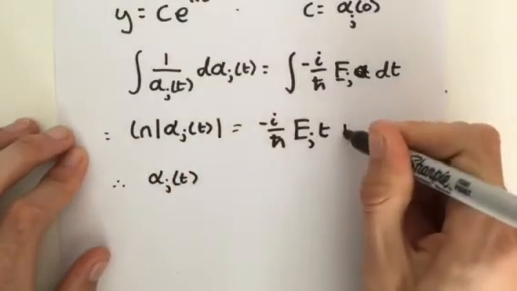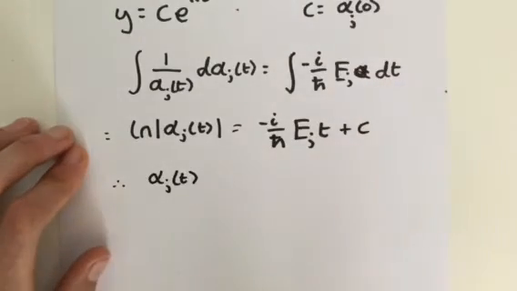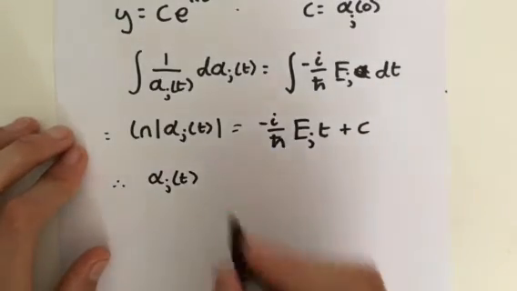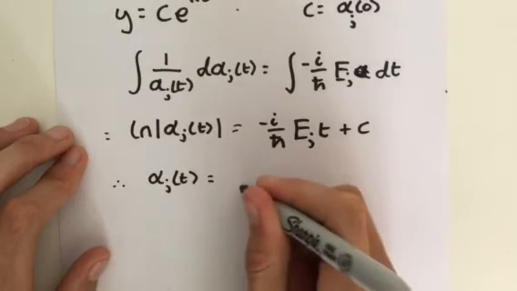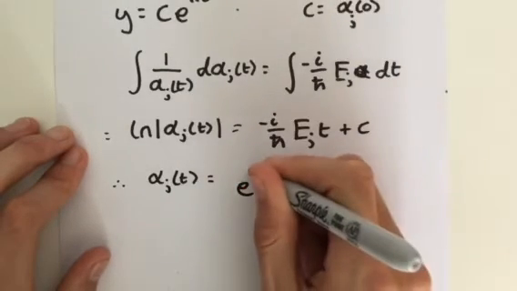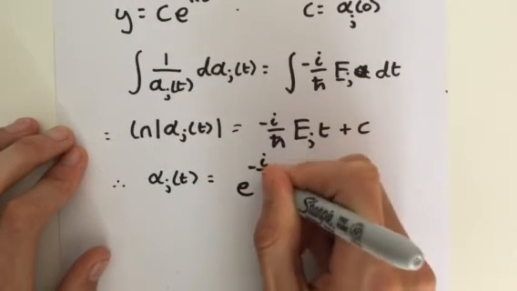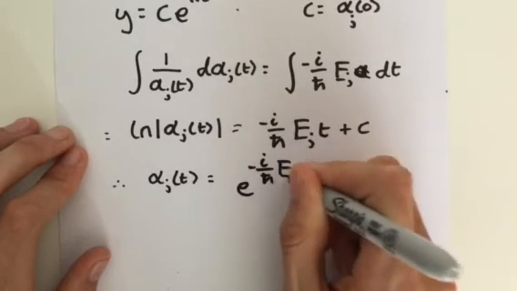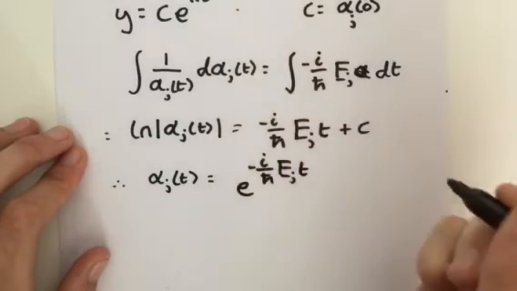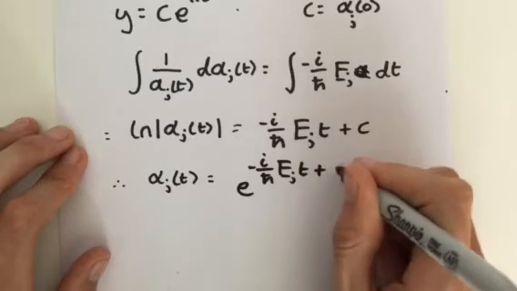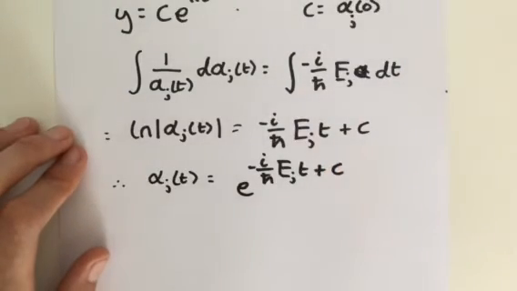We need to add our constant of integration, of course. This is going to equal e to the minus i over h bar E_j t, and then we add c.